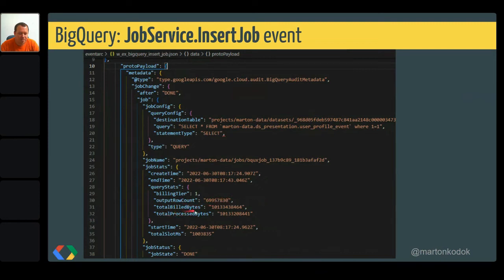It could have the total bytes billed, which is close to 10 gigabytes, the start time, and the job state, if it's done or not. Remember, it's an event-based system. You may have here a job state of running, but you need to look out for keywords like done, or job state done as well. So you need to filter it out. We are in an async world where you have multiple events of it.